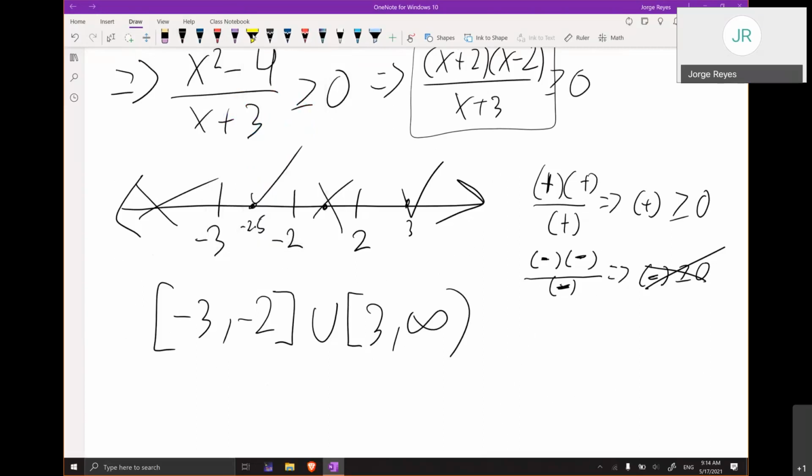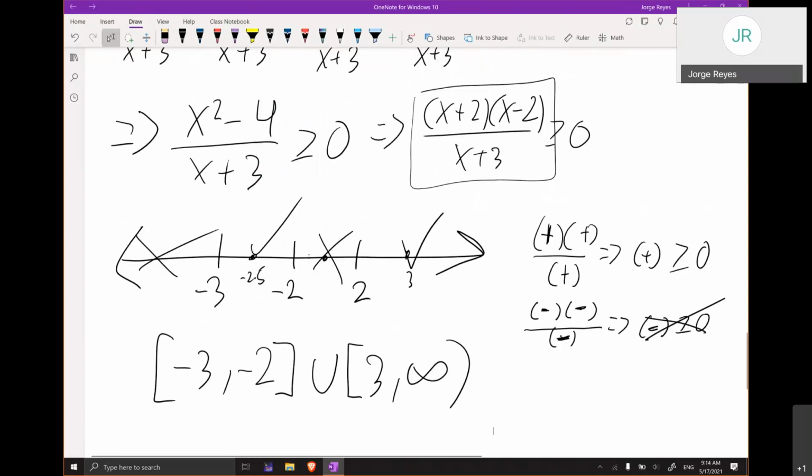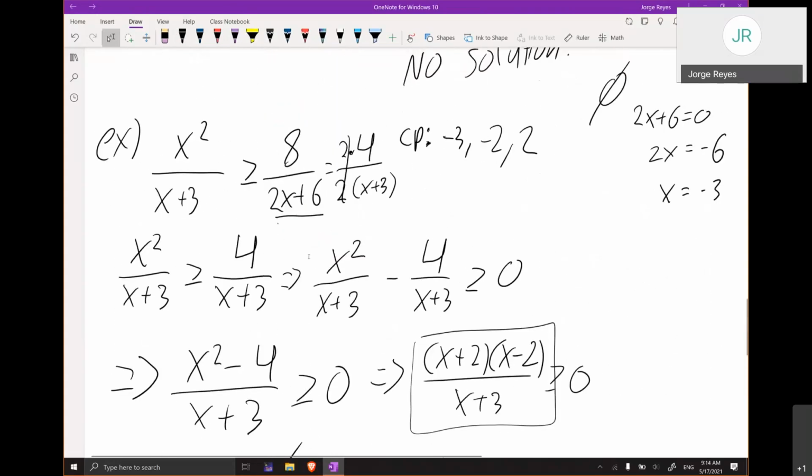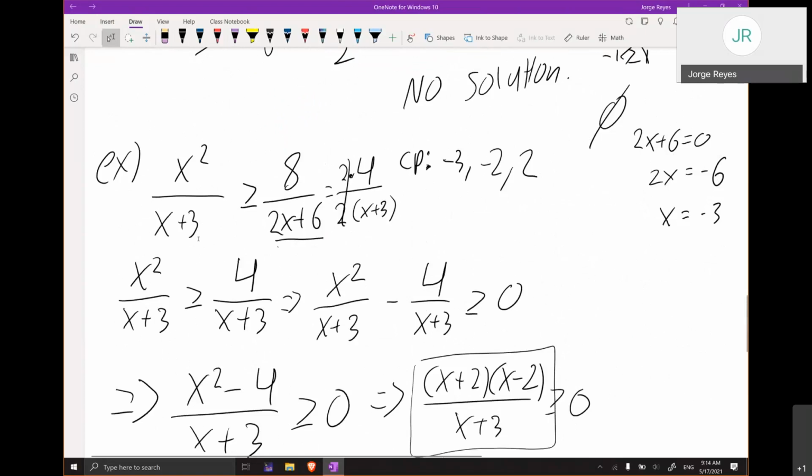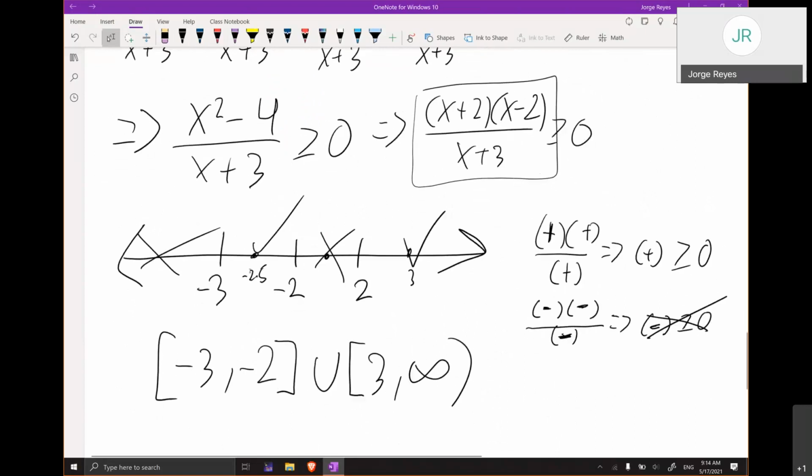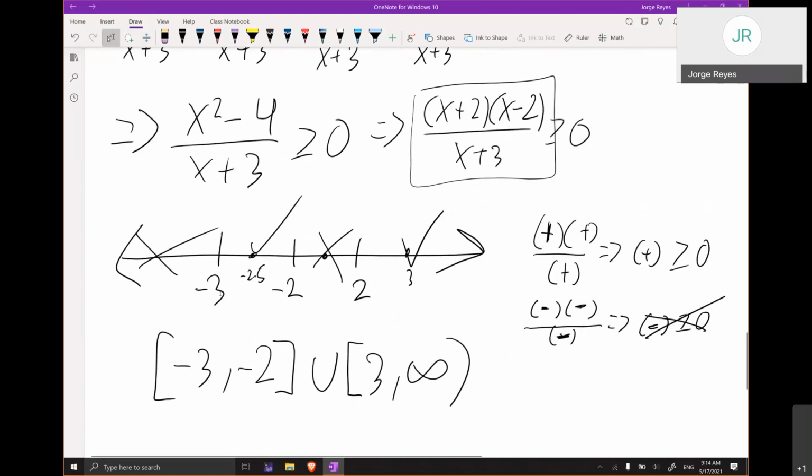Actually, I cannot just put brackets like normal, right? Because if we go all the way to the top, we remember that -3 is not in our domain. So even though this is a less than or equal to, I can't actually plug in -3, right? Because then this thing blows up. So you need to put a parenthesis here, okay?